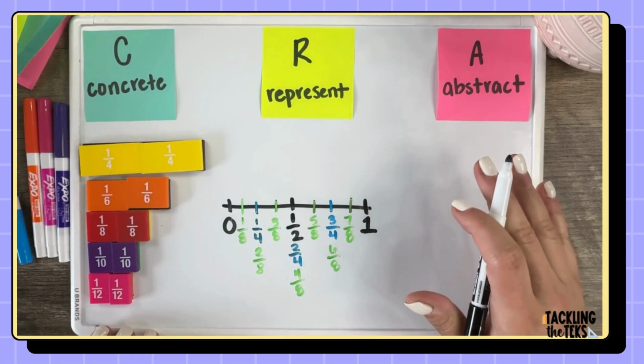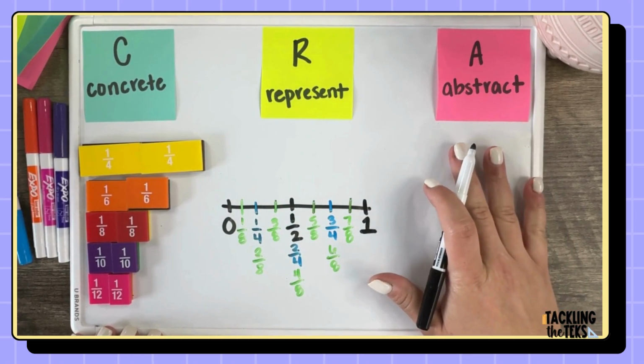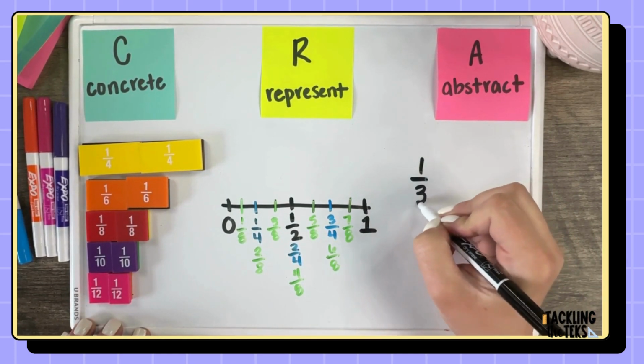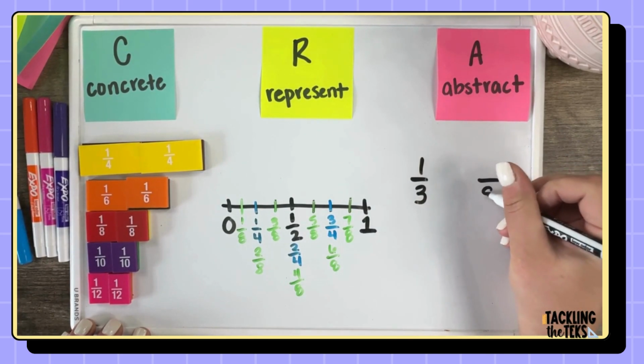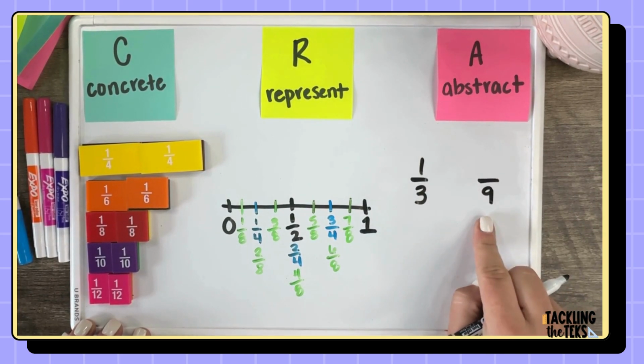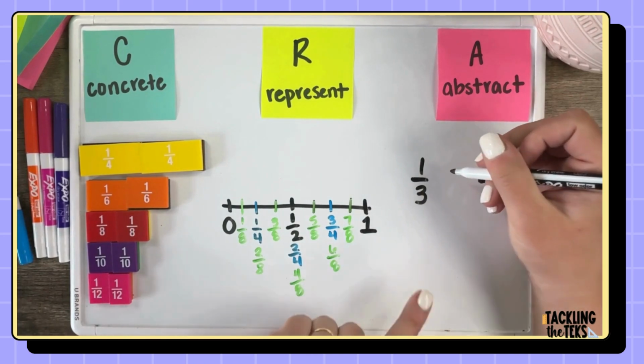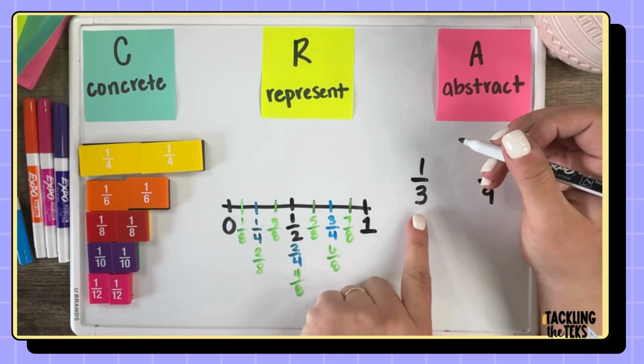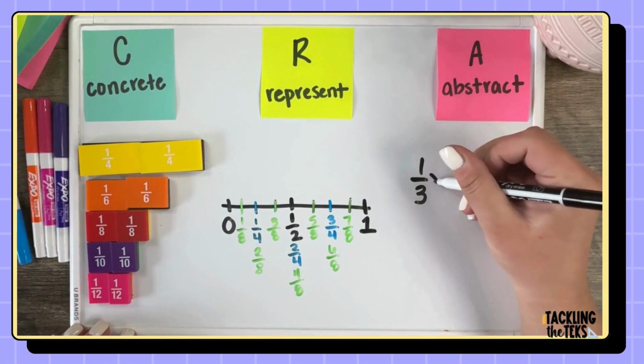So a prerequisite skill for finding common denominators is being able to find the equivalent fraction. So if I start with 1/3 and I want to find an equivalent fraction with a denominator of 9, we can use the identity property to find the equivalent fraction of thirds to ninths.